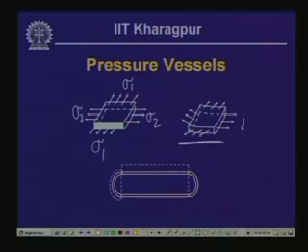Only the stress that resists the internal pressure is the circumferential stress, and hence its value is larger, whereas in case of spherical vessel, as can be observed from this particular figure, here we get the stress from both directions.